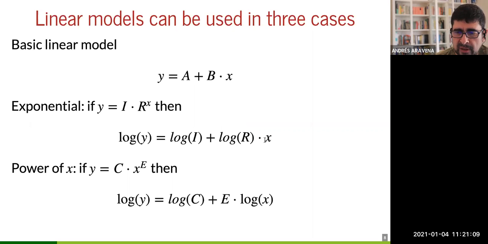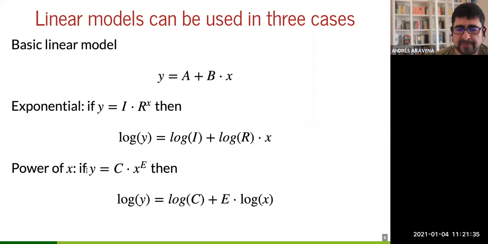Okay, do you see it? So this is the same x. The coefficient b will be the logarithm of the growth rate. A will be the logarithm of the initial value. We only need to do the model not with y, but with the logarithm of y. We have logarithm of y depending linearly on x.